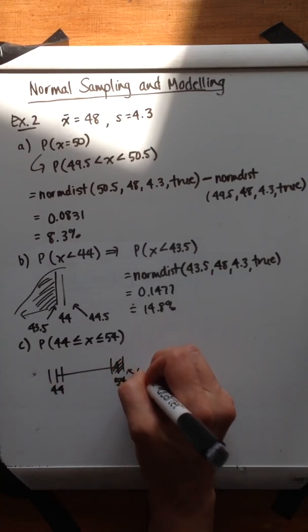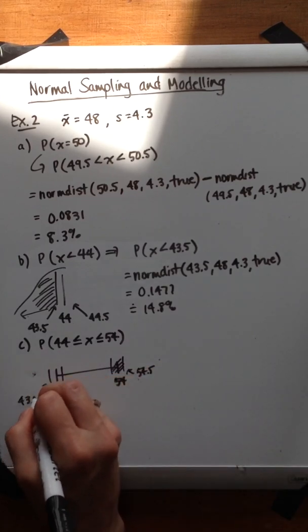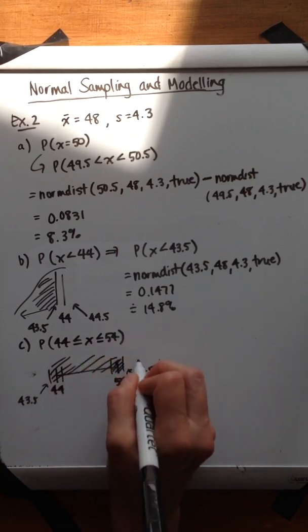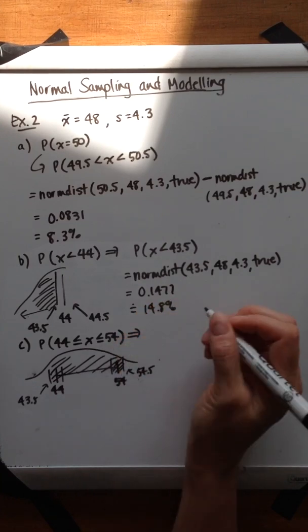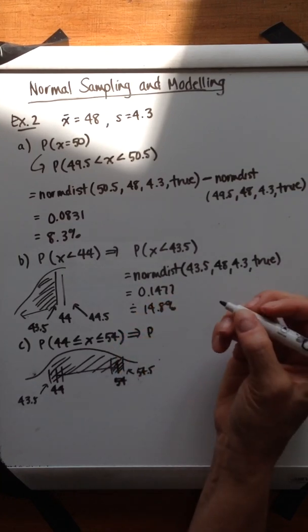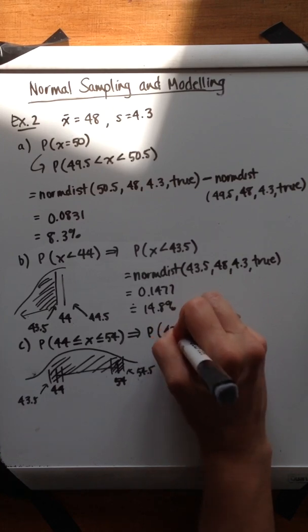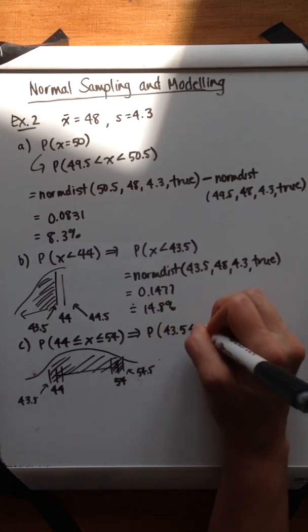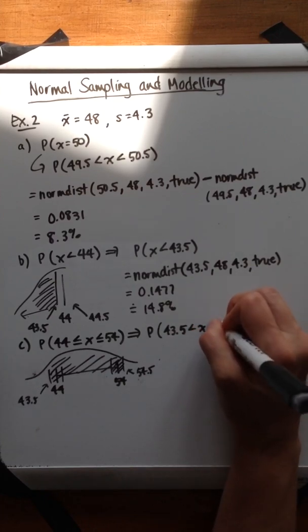So really, I'm going to have to go to 54.5 and to 43.5 as well to get the area between these two numbers under the curve. So my correction would be the probability of 43.5 less than x less than 54.5.